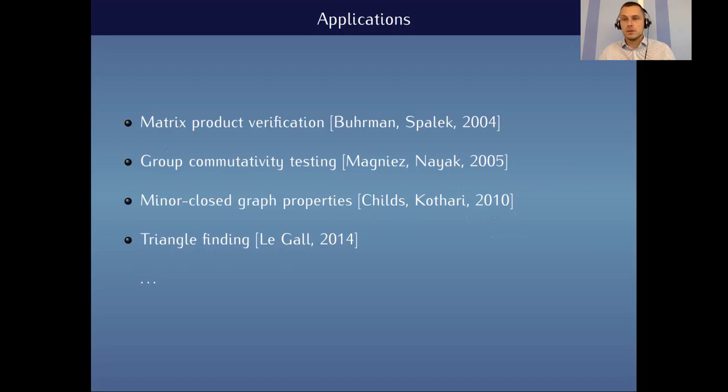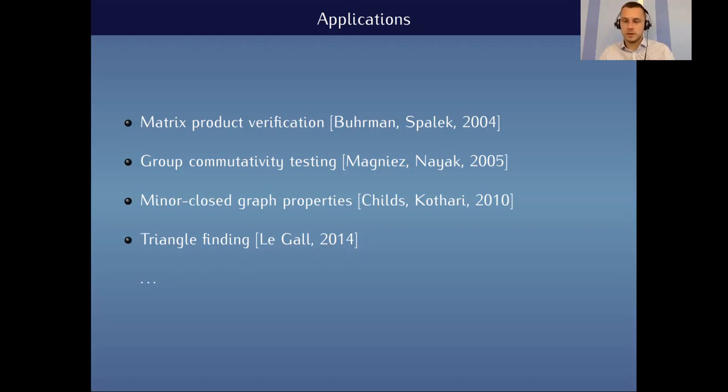That usually happens when the problem at hand can be modeled as searching with some locality constraints. And here are a few examples of algorithms which have successfully used a quantum walk on some graph.